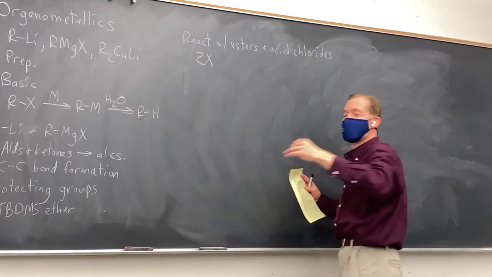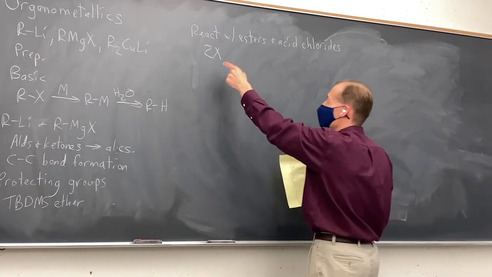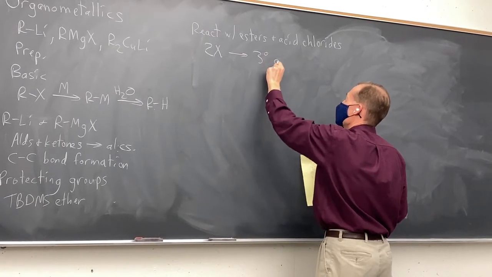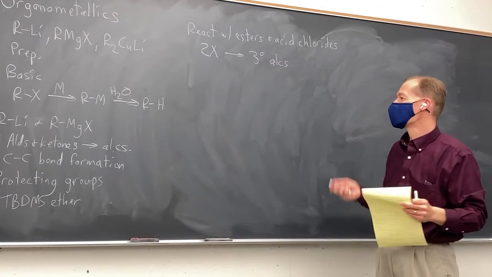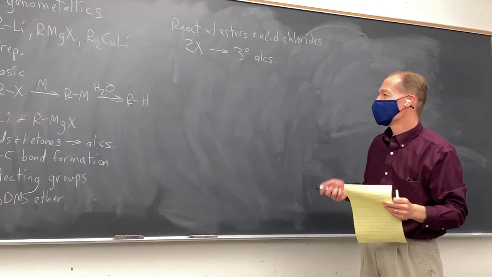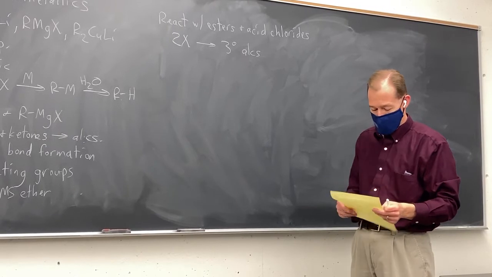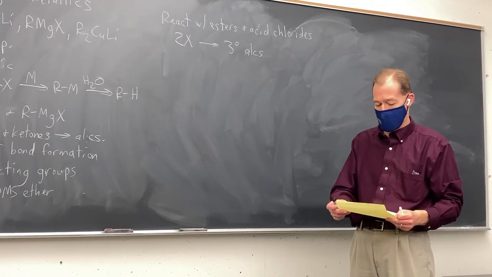And then that ketone intermediate is more reactive than the ester or acid chloride that we started with. So they react twice, and they generate tertiary alcohols. Right? So two equivalents of the R group from the Grignard or the organolithium is present and forms that alcohol. We can't stop at the ketone.